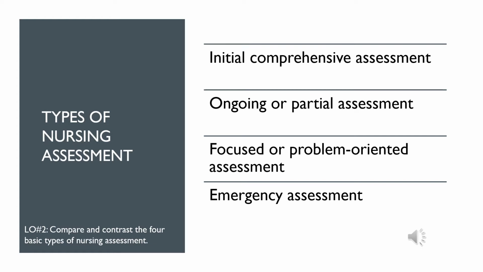It's really a mini overview of the body systems, and any problems that were initially detected in the comprehensive assessment are reassessed to see if there's any improvement, or if it's getting worse. Again, the frequency of this type of assessment is really going to depend on how sick the patient is, or the book calls it the acuity of the client.